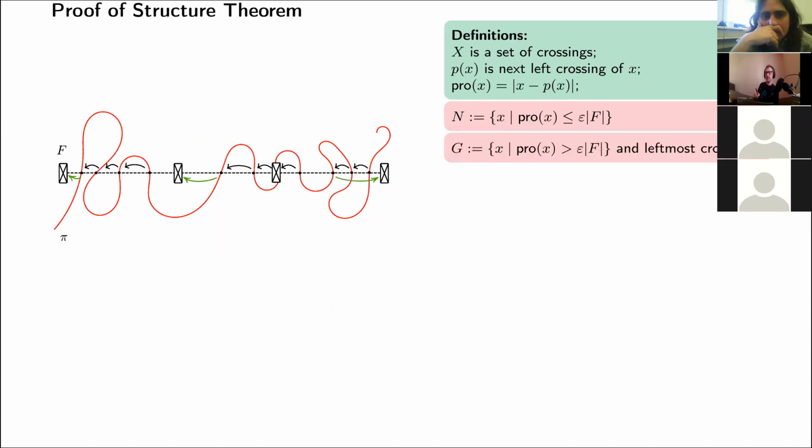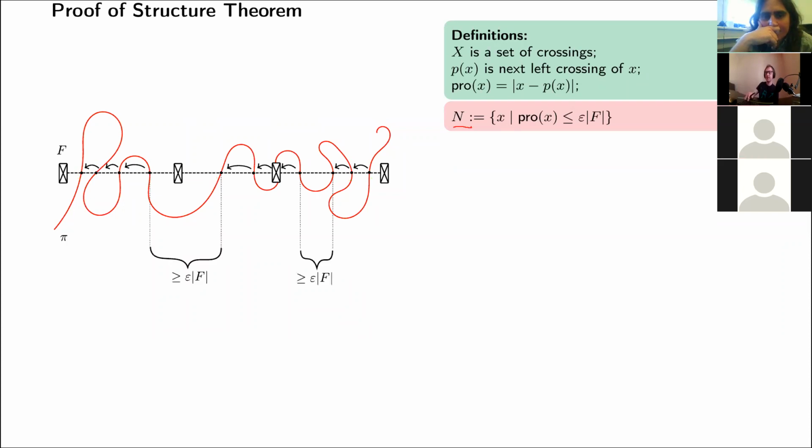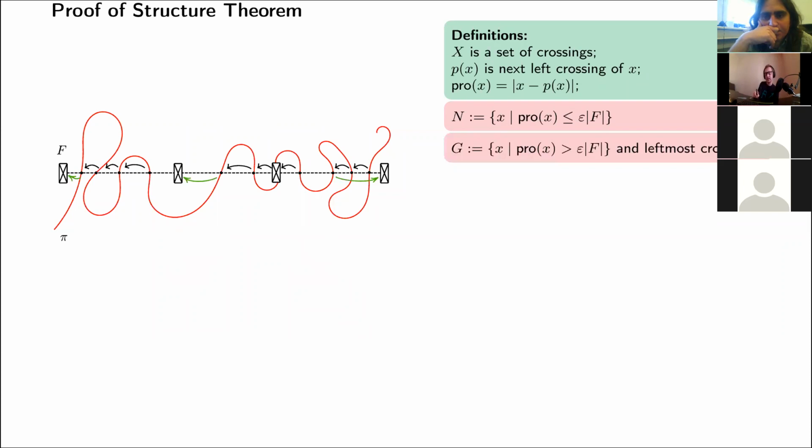And we will connect them to the next crossing on this line. And the set G is the set of great distance between the crossings. If a crossing is at a greater distance than epsilon times f, we will connect it to the closest portal.